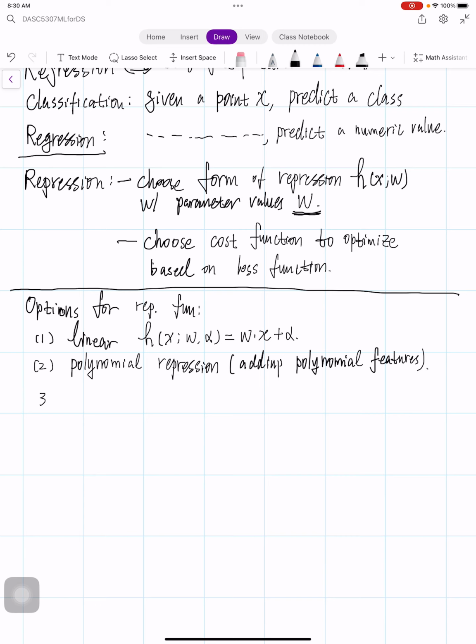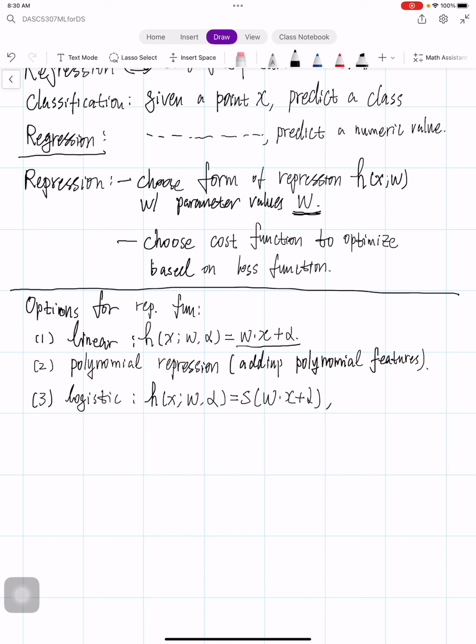And third one, you have the logistic regression. Logistic regression means you also have the slope and intercept, but now you apply the logistic transformation to the linear regression function, so you have S, where this S is a logistic function.